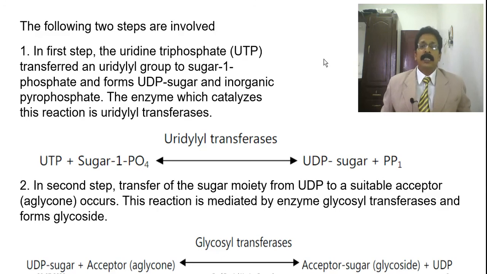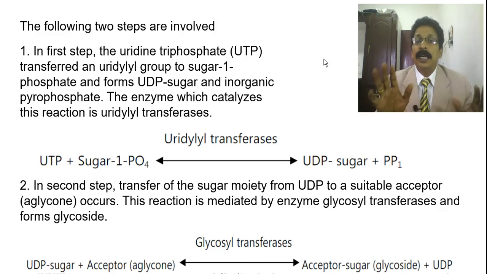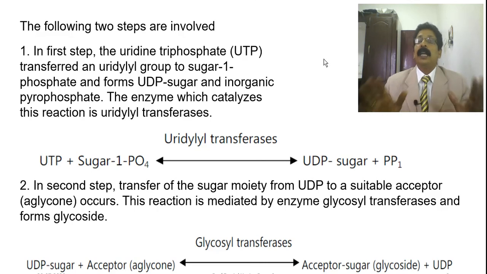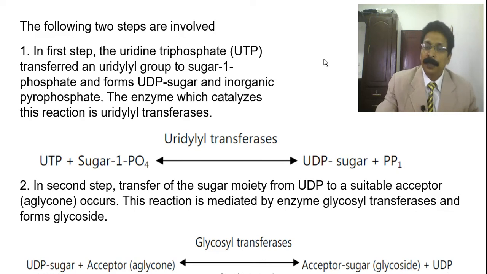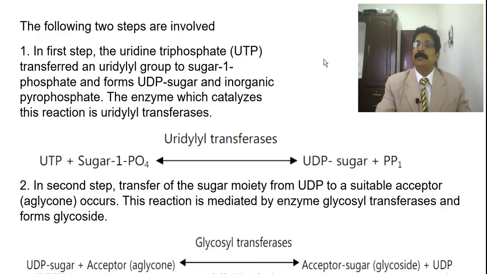This reaction is mediated by the enzyme glycosyl transferase and forms glycoside. So UDP sugar plus acceptor aglycone, in the presence of glycosyl transferase, gives you the glycoside, that means the aglycone joined with the sugar, and the UDP, that means uridine diphosphate, is removed.